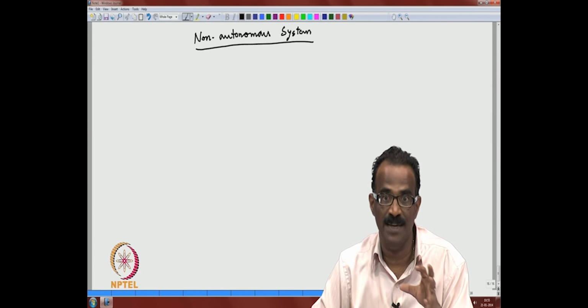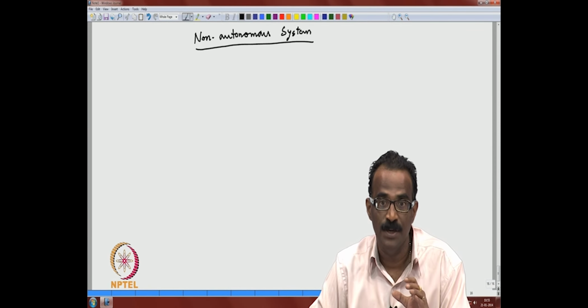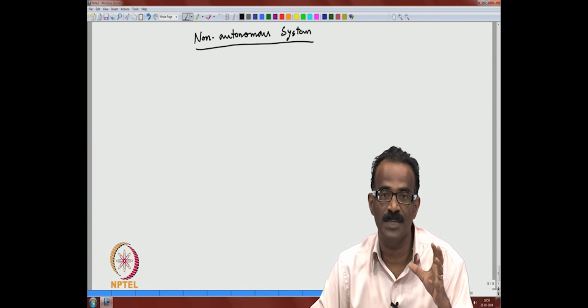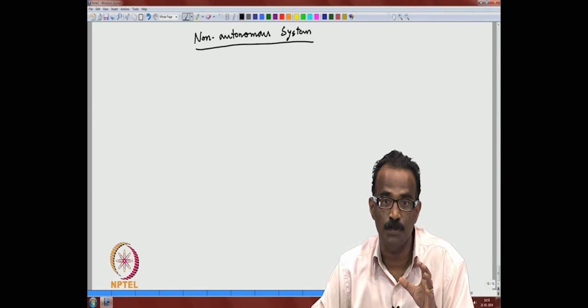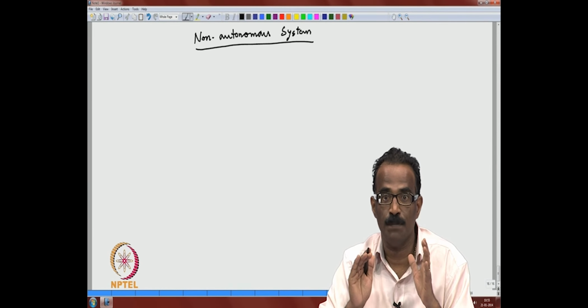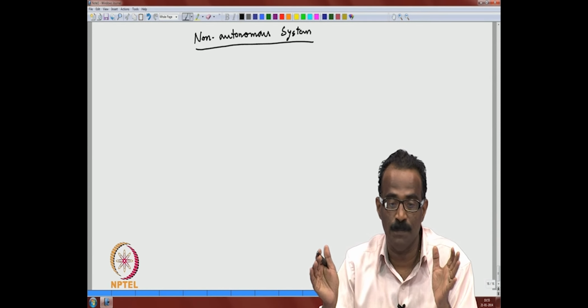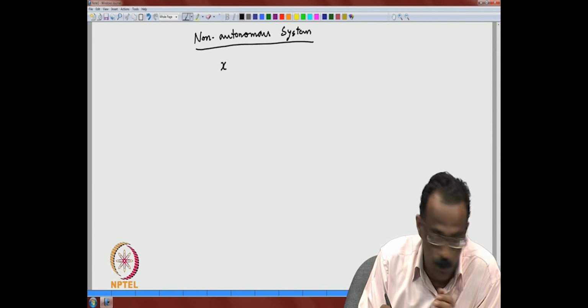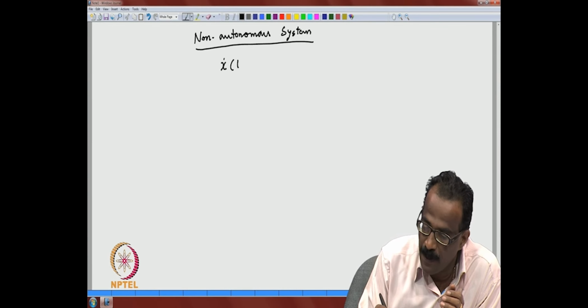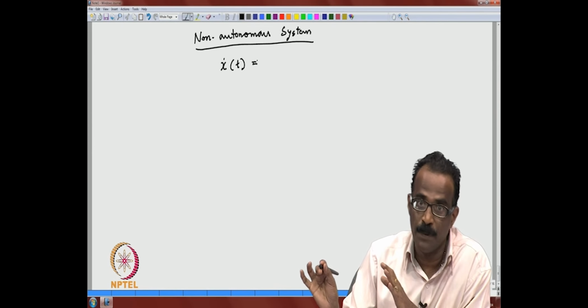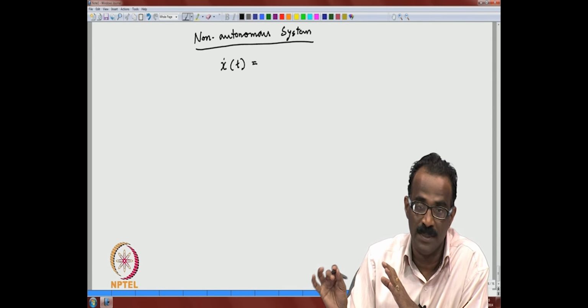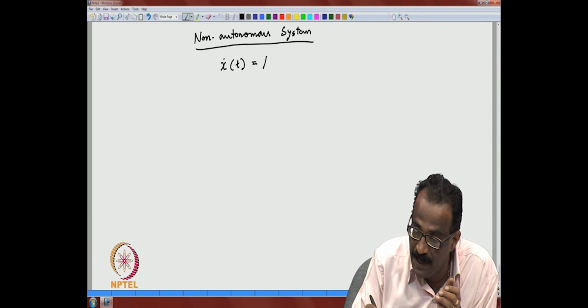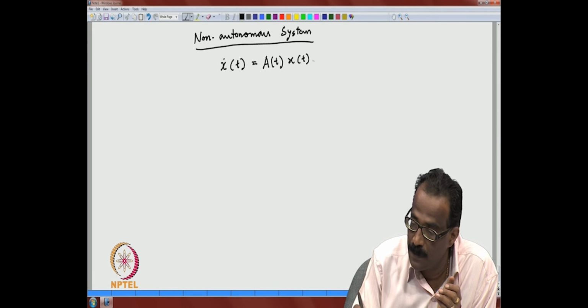What you have seen even in the n by n system, you have a complete knowledge of the homogeneous system in terms of the exponential. That exponential representation is not possible here. So you have a solution here of this form x dot t equal to A t x t. The variation of parameters with non-homogeneous is fine, but we are not going to do much on this.